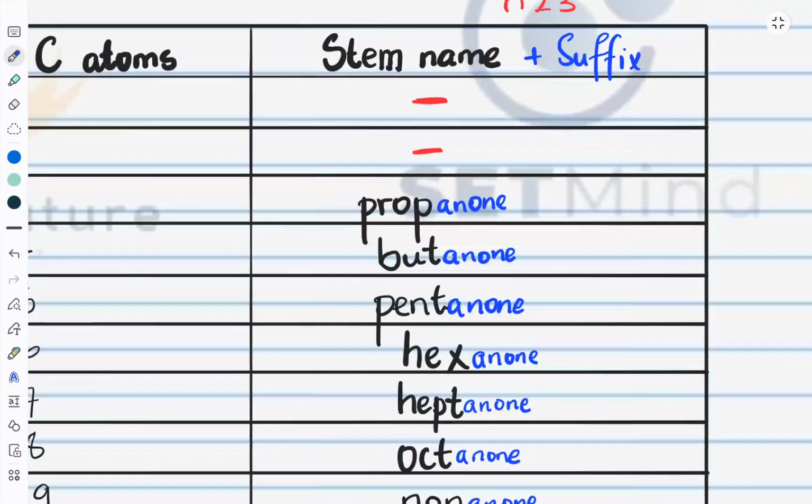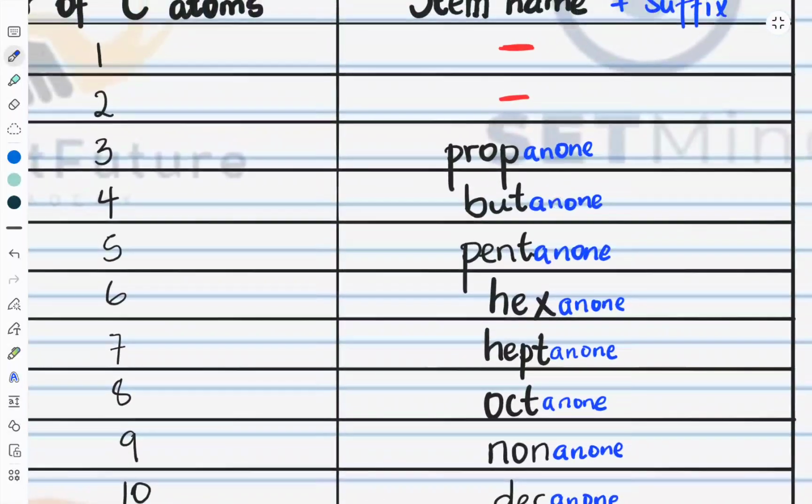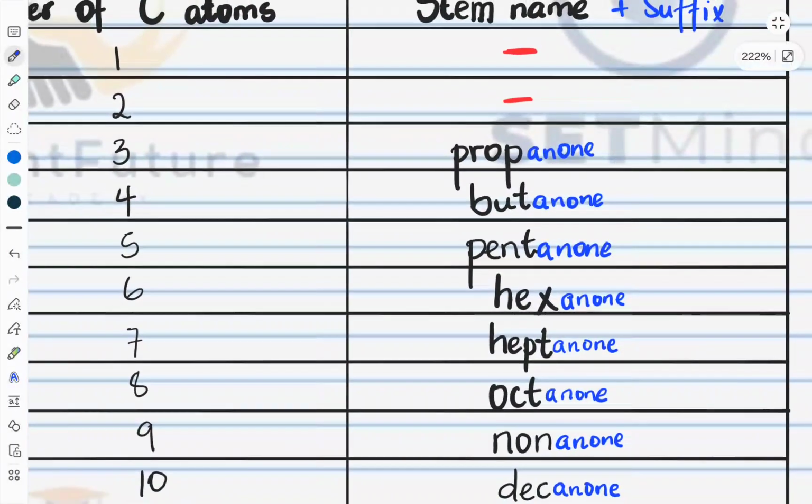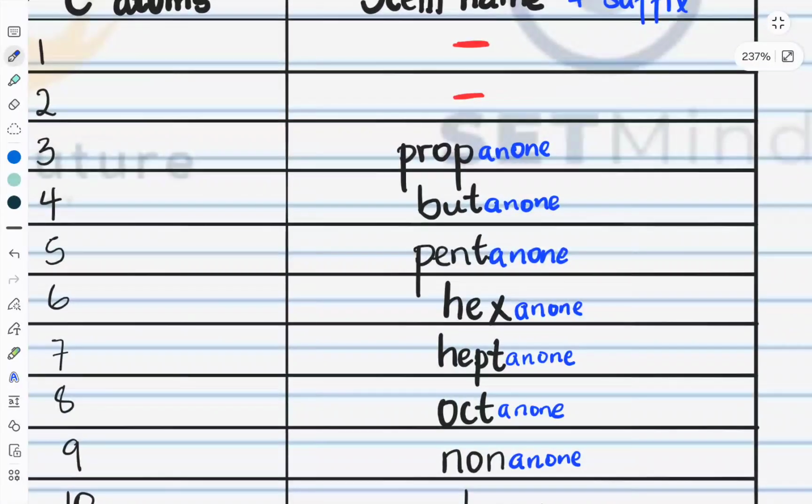But for butanone, once the parent chain has 4 and above carbon atoms, then you can mention the location of the ketone, of the carbonyl group. So for propanone, we don't mention it. Part of the reason is it's the first simplest ketone that we have. Secondly, it doesn't matter whether you number from left to right, the functional group will still be in the same location, which is carbon atom number 2.